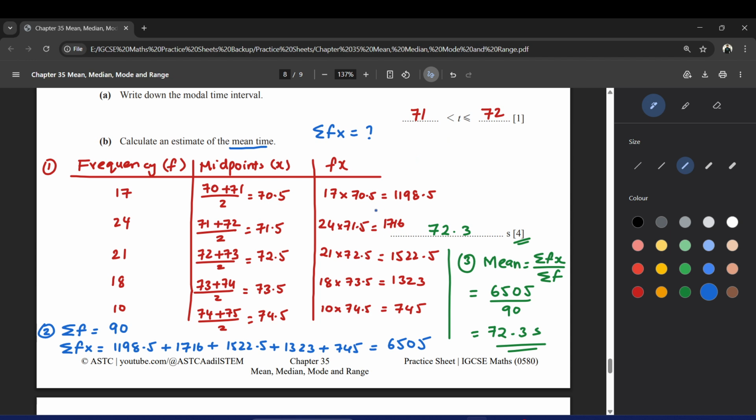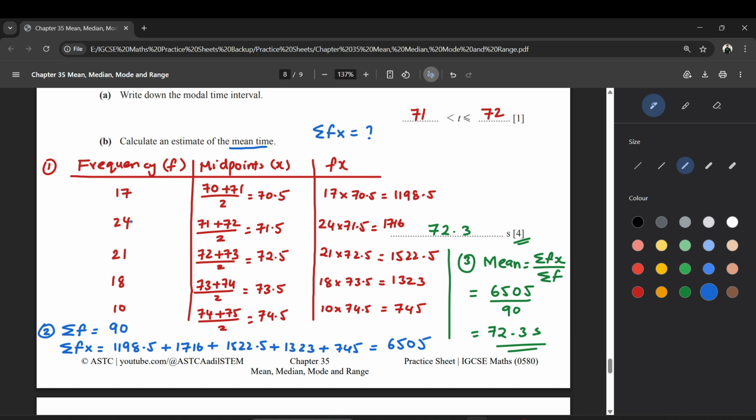But maybe one of the fx values is unknown, or maybe one of the frequency values is unknown. Something from this table could be unknown, right? And they can give you the other values. So even if that is the case, okay, don't panic. What you have to do is always follow the method. The method is always going to be the same, right?